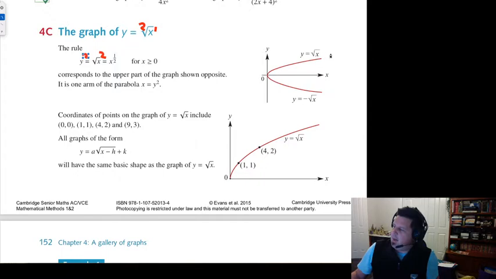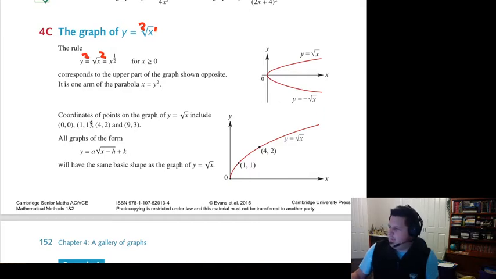If we're talking about y equals the square root of x, it's just really the top half of this graph. To get the bottom bit here, I'll delete that. It's going to be the negative of the square root of x. So it's mirrored in the x-axis to give you that there.